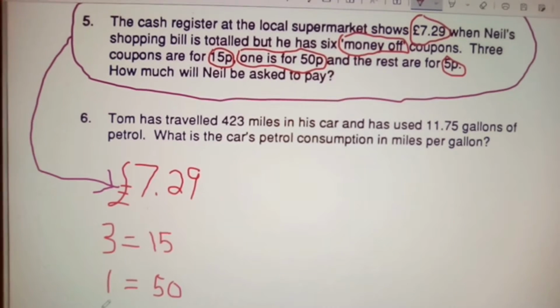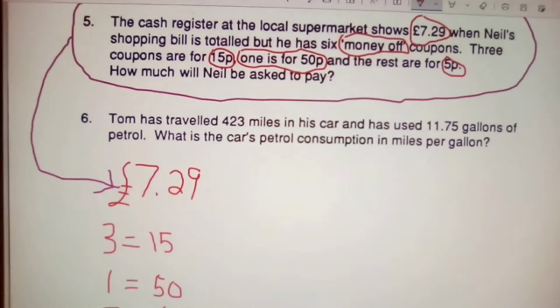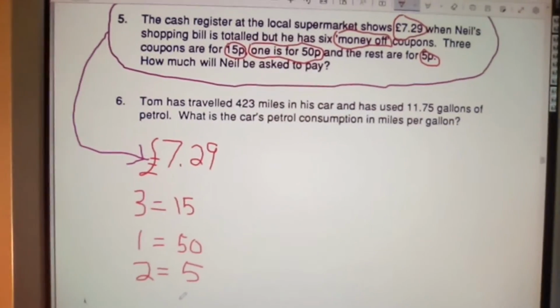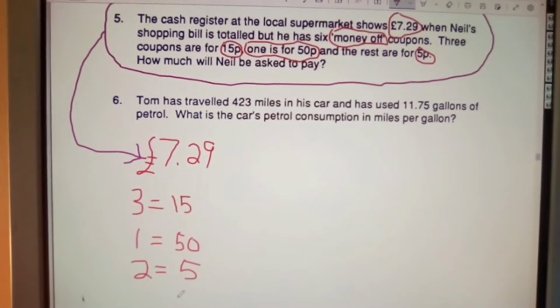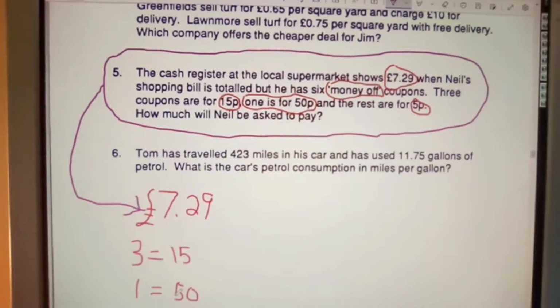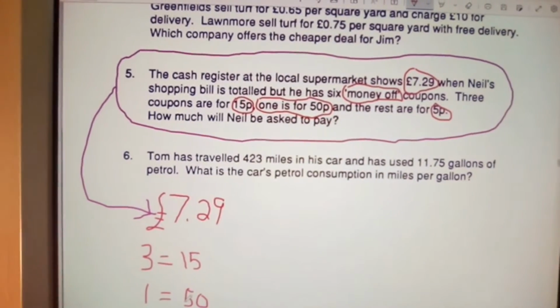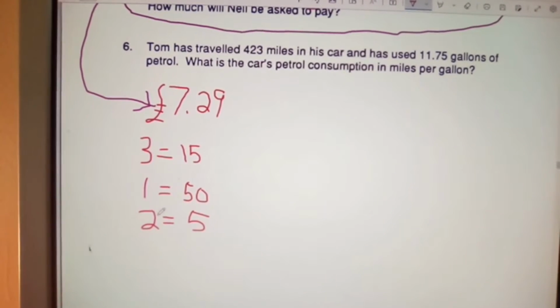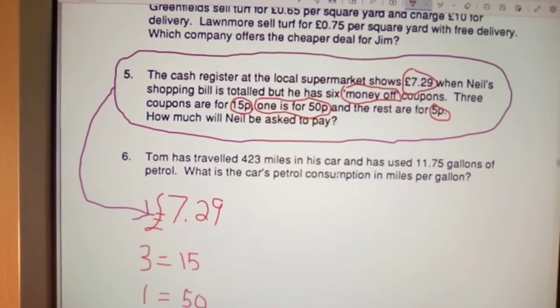Let's check that, okay, and let's make sure we add this up correctly. Okay, yes. Right, now 3, 4, 5, 6. So here we can see that's met. He has 6 money off coupons.